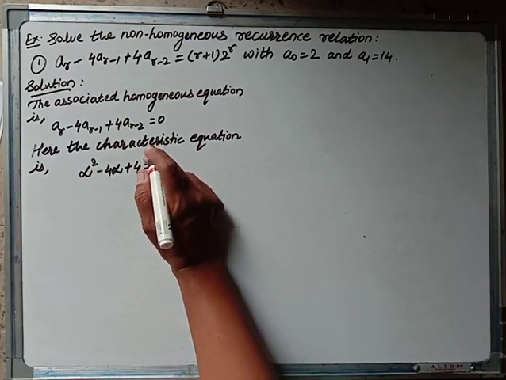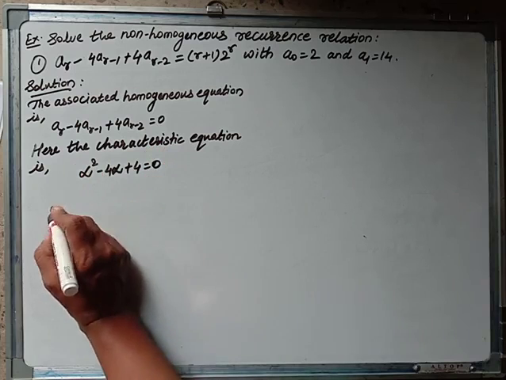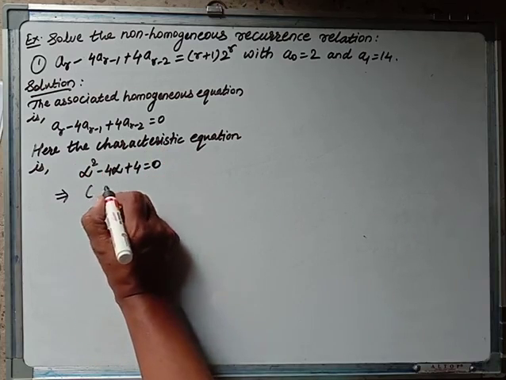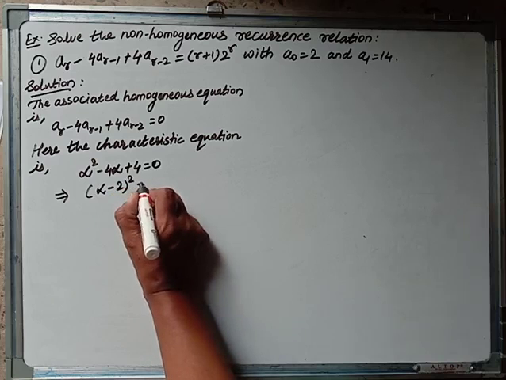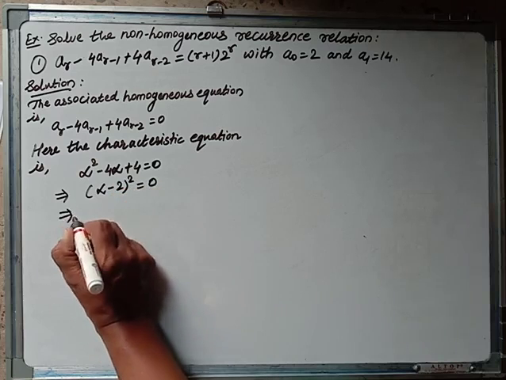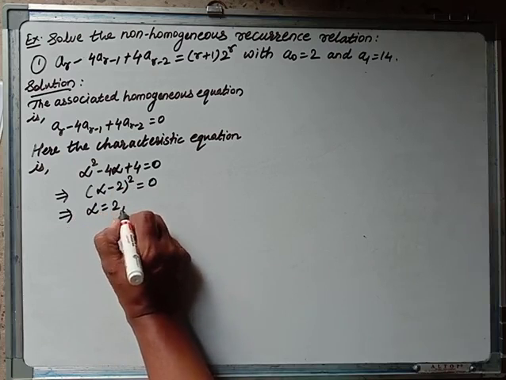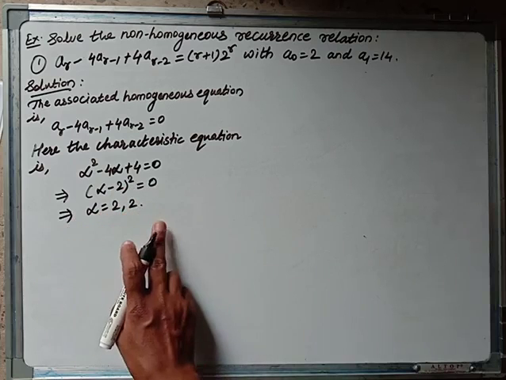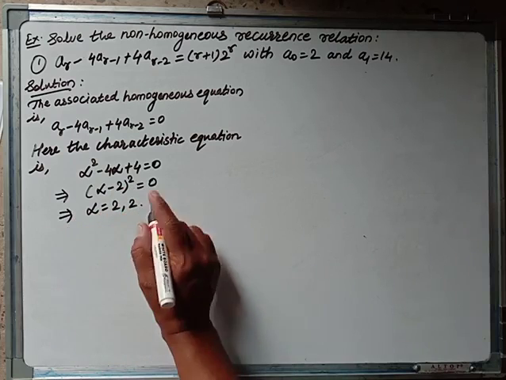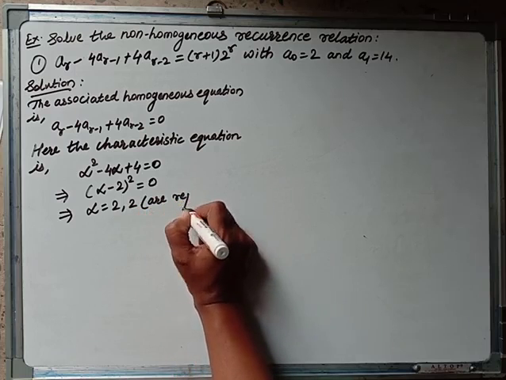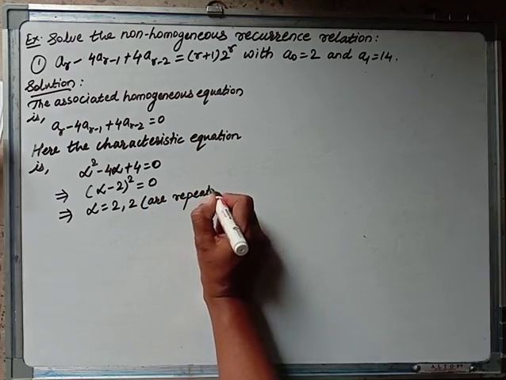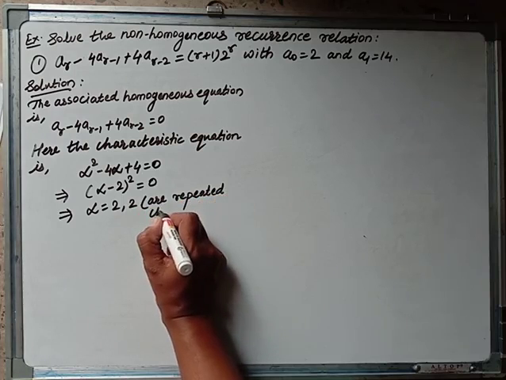I have already explained this before also. Fine. So if you check this, it is nothing but (alpha minus 2) whole squared is equal to 0. So this gives us alpha equal to 2, 2. These are the two roots. The characteristic roots are repeated characteristic roots.